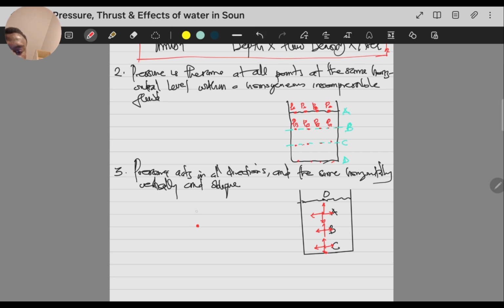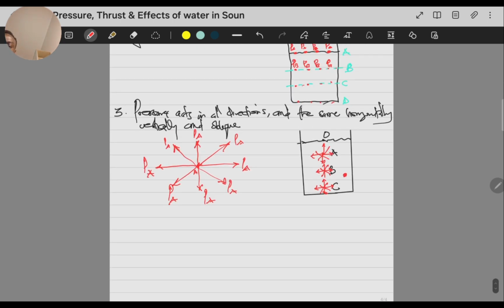We have one acting like that, and downward, and like that, and like that. So it's always acting in all directions, and it's all the same. So if this point is A, it's going to be PA in all directions. So for a point in a fluid, the pressure is acting in all directions.